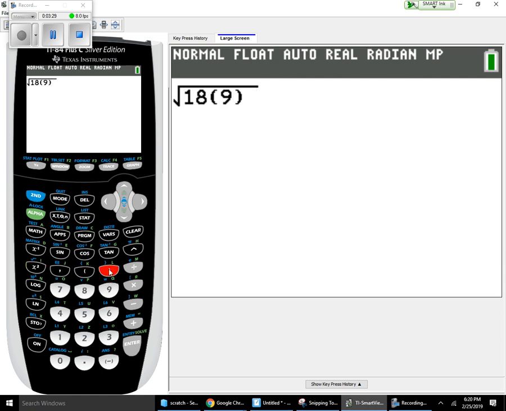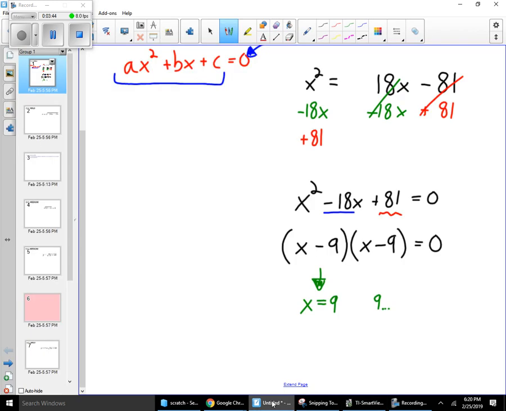In this case, x is 9. 18x minus 81 under a radical, and we expected that to equal x. Well, x is 9. So if I hit enter on my calculator, I had better get a 9. I did, so that 9 is a solution. It does work. No, you don't have to do it twice. That second 9 is just redundant.